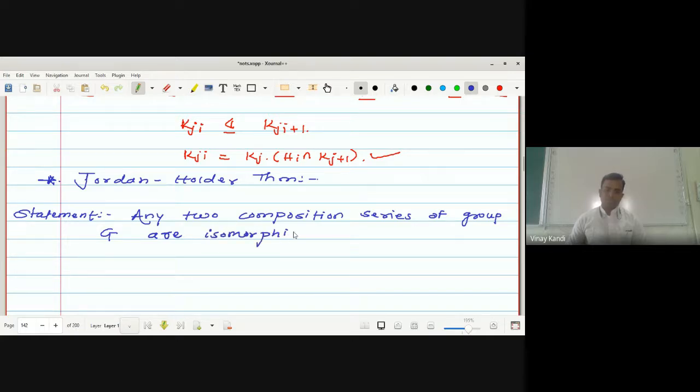Okay, in the previous theorem, we proved that refinements of subnormal series are isomorphic. What is a subnormal series? Each Hi is normal in Hi plus 1.